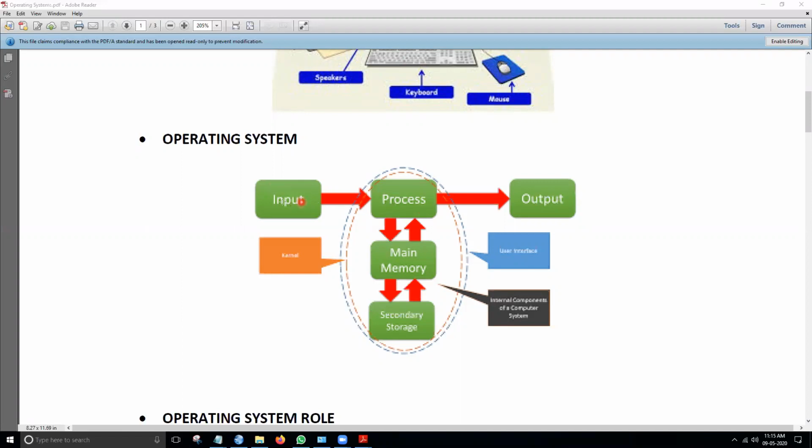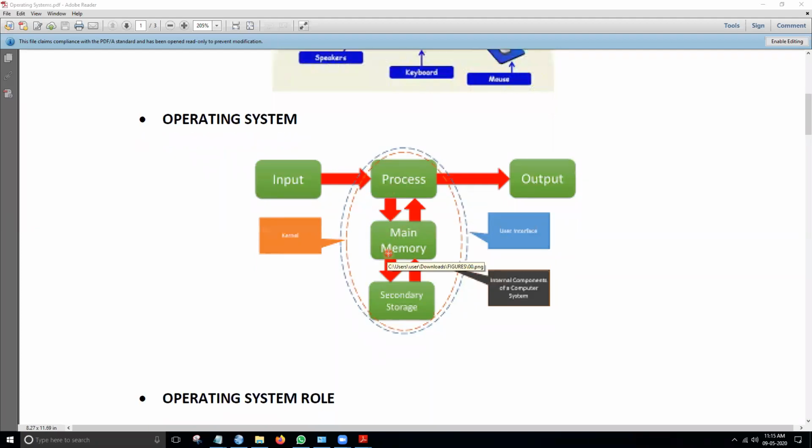Suppose you are giving some mathematical functions, then the operating system will see that the processor will do some arithmetic logical unit activities. For that, what hardware will be used? All the digital circuits for computing that. So all the digital circuit activity is being carried out in this particular place. That is what I mean to say.